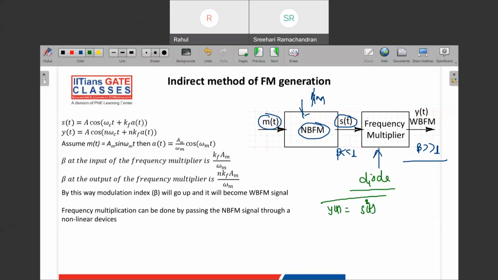This is a nonlinear device, with this kind of input-output relationship. Or it can be something like y(t) equal to s(t) to the power 4 or 5. In the frequency multiplier, we have a nonlinear circuit, and with the help of the nonlinearity, it generates the multiplication in the frequency domain.